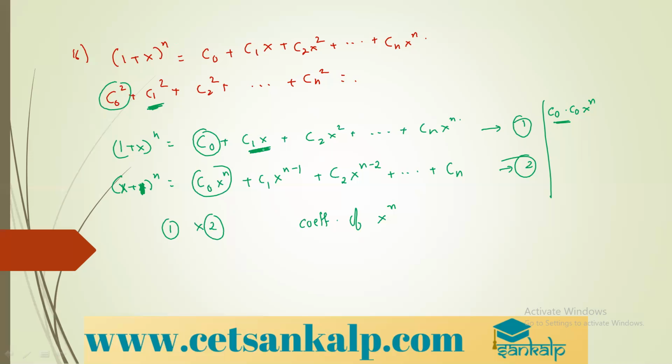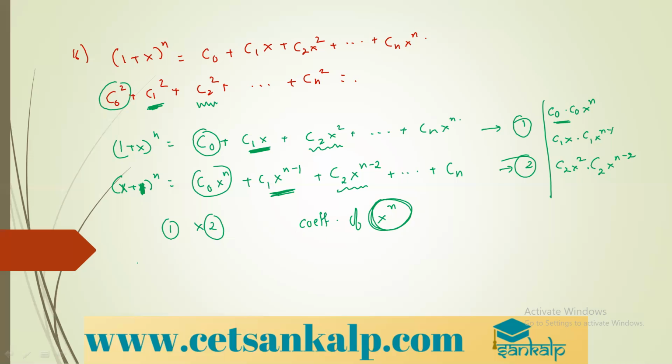I am multiplying C1x and C1 x power n minus 1, and here also I am getting coefficient of x power n only, C1 square. Like that you check 2 or 3. What about C2 square? Multiply these two C2 terms, C2x square and C2 x power n minus 2. Again I am getting coefficient of x power n only. So what I am doing is correct.